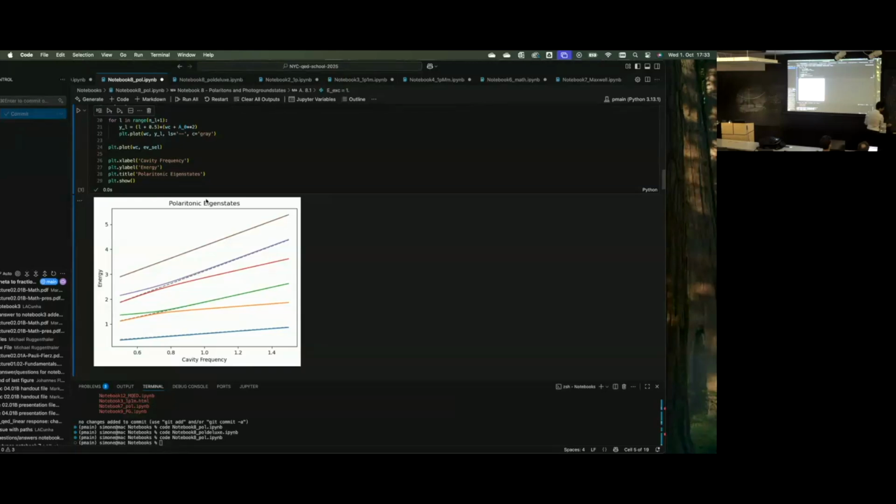So if I put these two levels completely misaligned, so one level is here and one is here, this is the typical drawing you might do in chemistry.